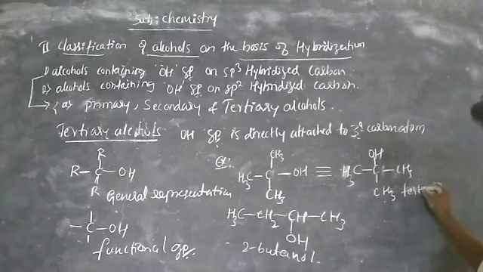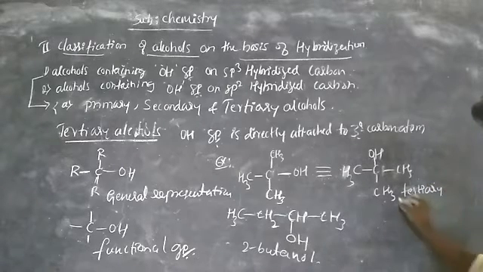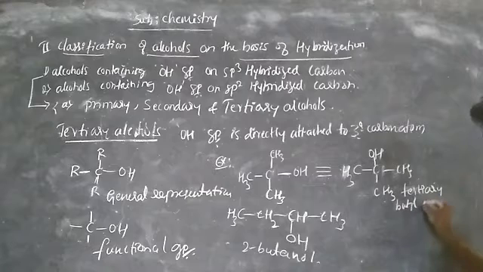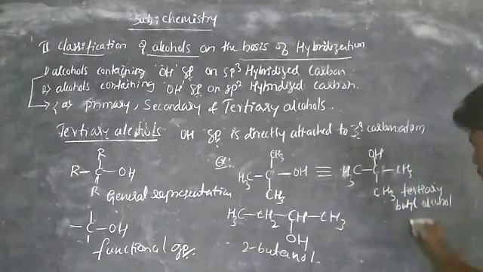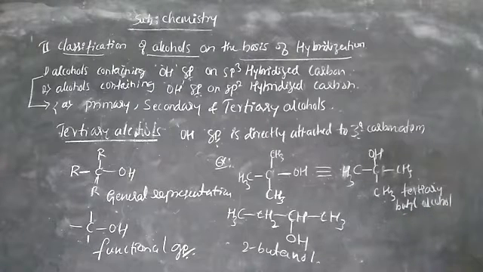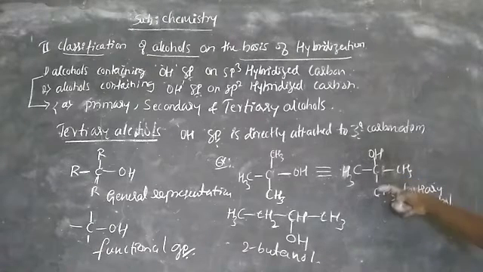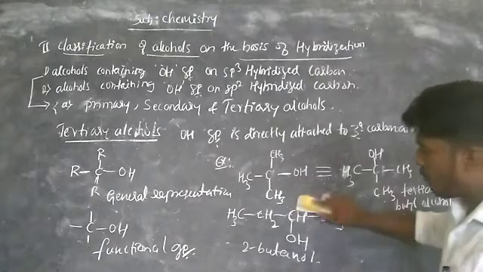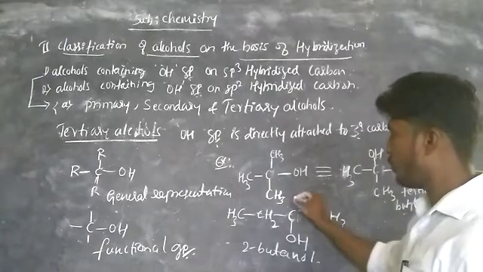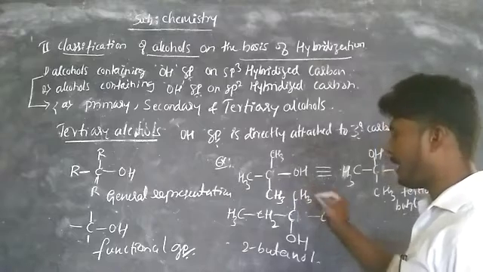Tertiary butyl alcohol. We call it 1, 2, 3, 4 carbon, so butyl alcohol, tertiary butyl alcohol. The IUPAC name is 2-methylpropan-2-ol. Similarly, here the hydrogen is replaced by writing one more CH3, so you get one example.